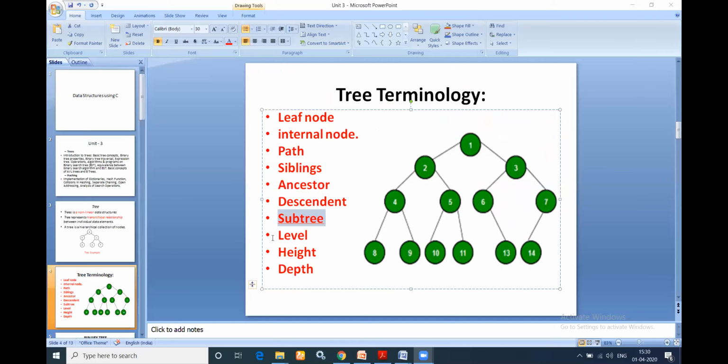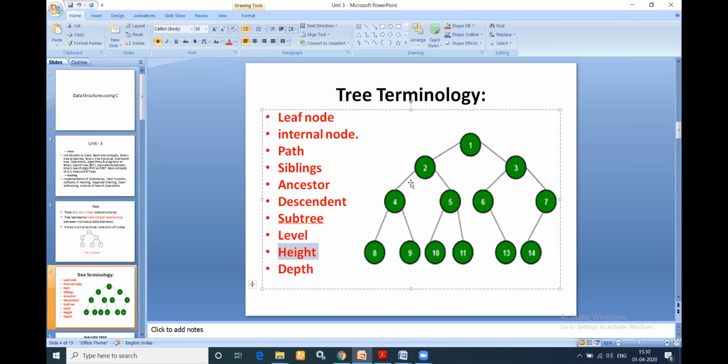Next, level. Okay, next I will show it diagrammatically in the next slide. What is level? And next we'll see height of a node. So height is that, for example, when you take this node 2, what is the height of this node 2? So we have to calculate the number of edges.